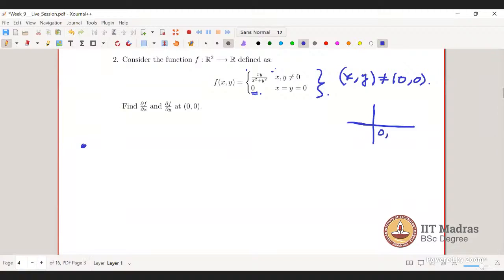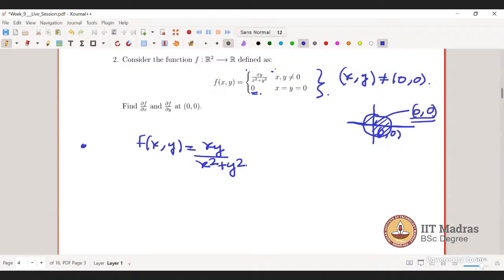So the thing is, if you know the value of the function in an open ball containing 0, 0, then only you can apply that trick. But you certainly don't know the value of the function. Whenever you are taking this one, certainly this value of the function matches with this over here, but certainly it doesn't match with this at this point.